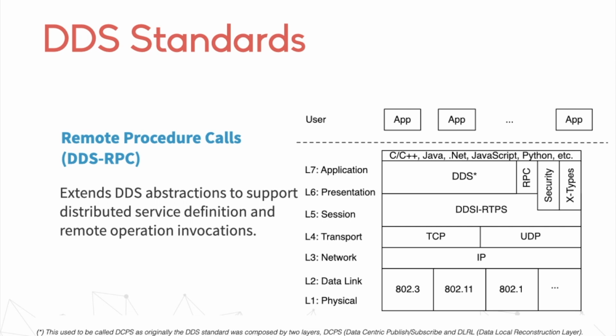So to conclude, in terms of review of some of the key standards, we have the DDS RPC. DDS RPC adds remote procedure call on top of DDS, and in a way, I would say that gives people the ability to use traditional client-server on top of DDS. Should you use it?